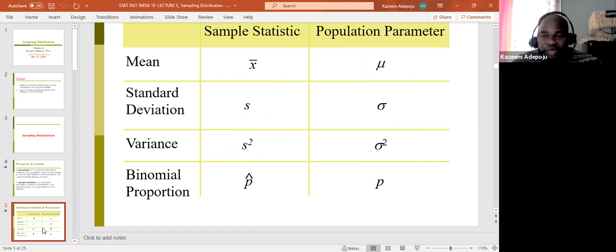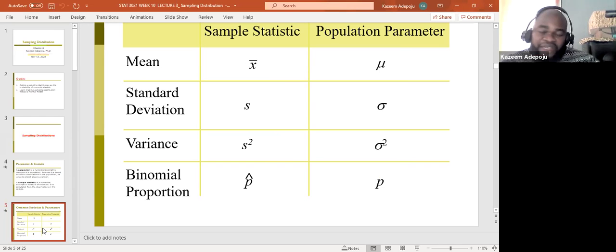Okay, so I'm just trying to show you the possible population parameters we'll be looking for, as well as their corresponding sample statistics. Like I said, we live in a world where we need information to understand the world around us. We may be interested in obtaining the average.